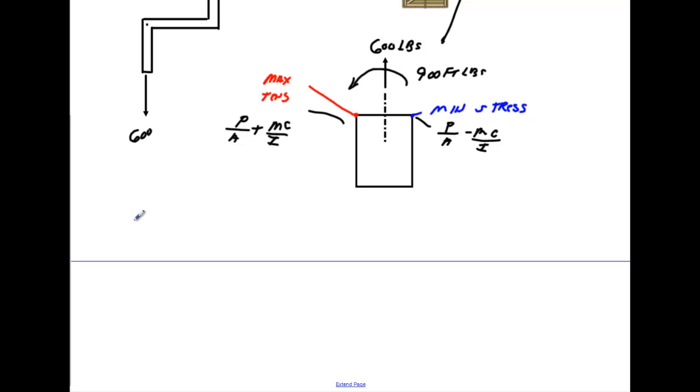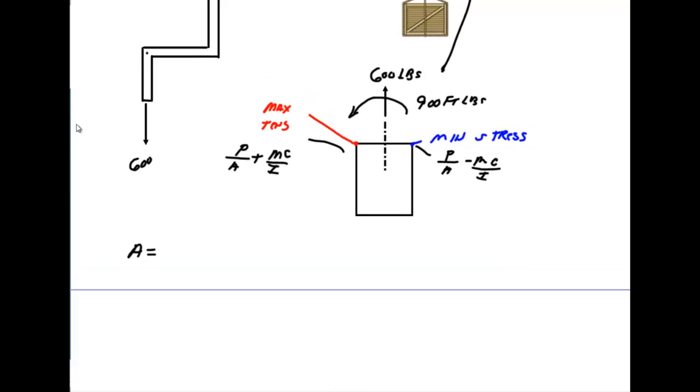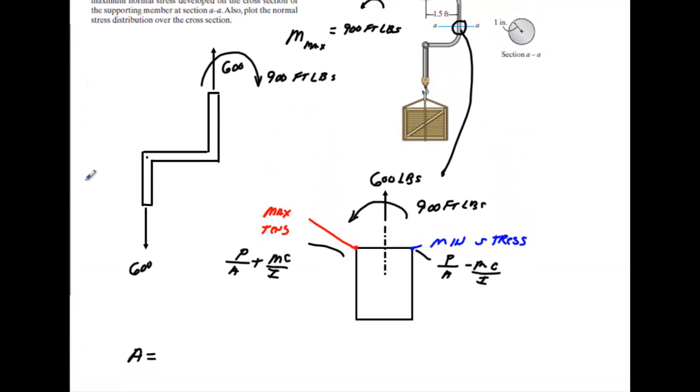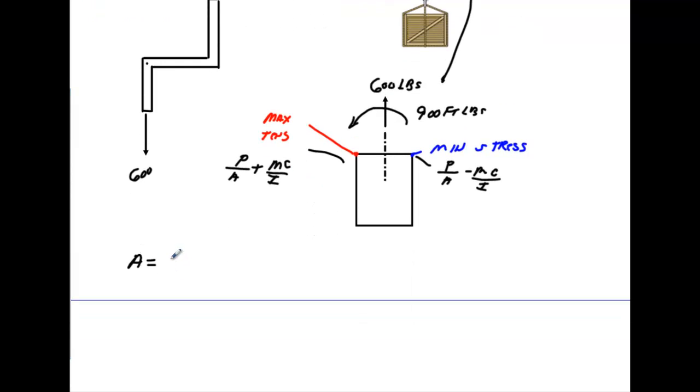Let's go ahead and get our area. We go back and look. We have a 1-inch radius right there. So using pi r squared, pi times 1 squared, that's going to give me a value of just pi, and that's inches squared. We'll get our I value.